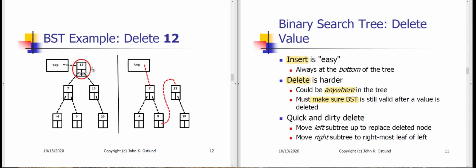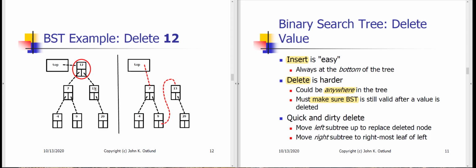Well, in this case, 12 is right at the top of the tree. So 3 questions arise right away. What should top be referring to now if 12 is gone? And how do I reconnect the left side and the right side of 12, which is no longer there?